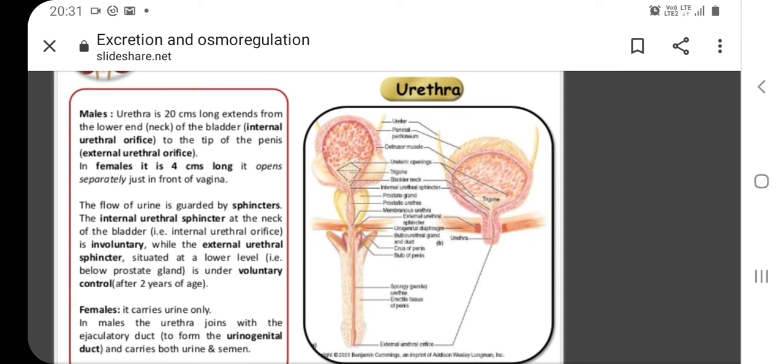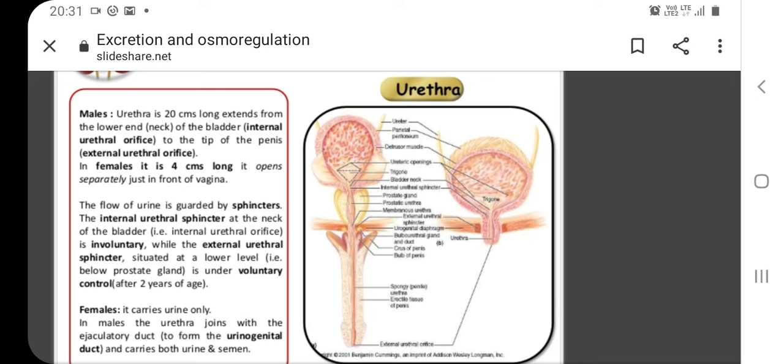Excretory system in man. In male, urethra is about 20 centimeters long and extends from the lower end of the bladder to the tip of the penis.